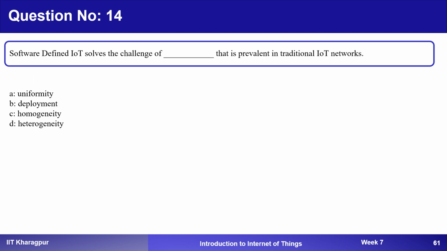Next question is, software defined IoT solves the challenges of blank that is relevant in traditional IoT networks. Options are uniformity, deployment, homogeneity, heterogeneity. Heterogeneity.